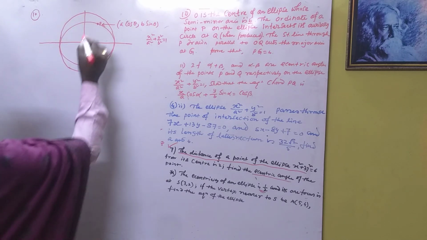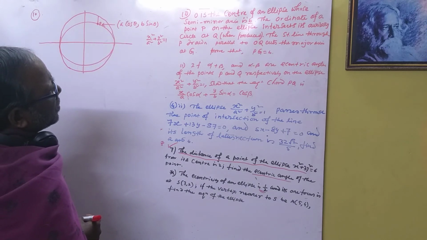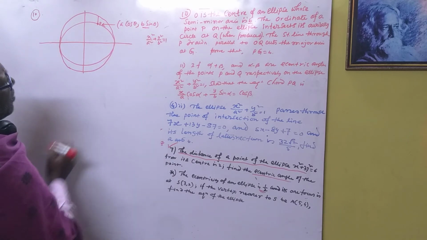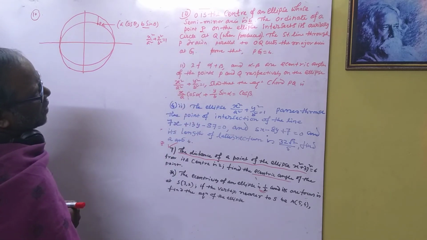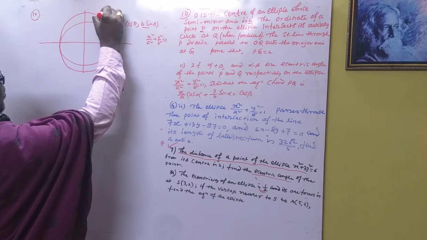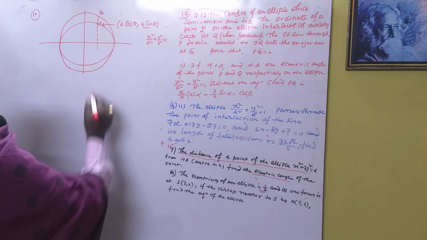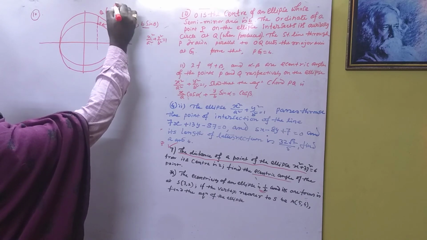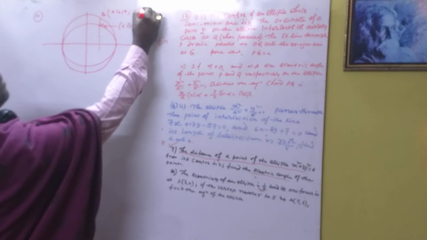And now P is produced. O is the center of the ellipse and semi-minor axis is B, and this is the ordinate of P on the ellipse, and it intersects the auxiliary circle at Q. So the coordinate of Q here is (A cos theta, A sin theta).